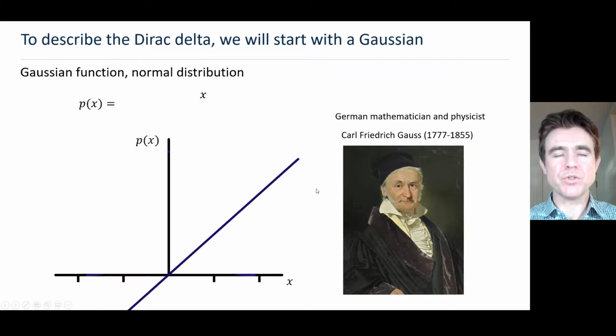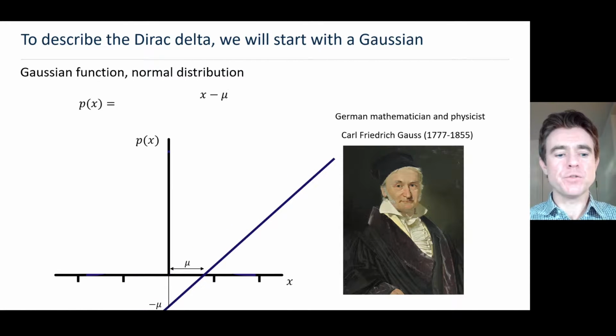And now to get towards the Gaussian function, first of all, we recognize that what we can do is shift that function. This identity line can be shifted to the right by some distance mu, and this of course is just the y equals mx plus c, just a regular linear function where the gradient is 1 and the intercept is minus mu.